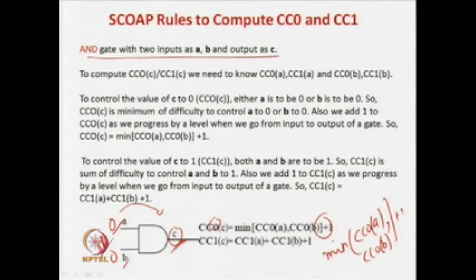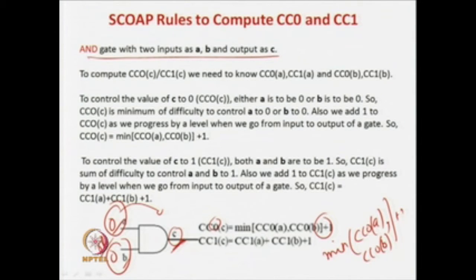If making A 0 is easier, then we apply A 0 and forget about B, and automatically C will be 0. If B is easier to set to 0, then we apply B 0 and forget about A. So, the minimum of the difficulty of making A 0 and B 0 is the difficulty of controlling C to 0.